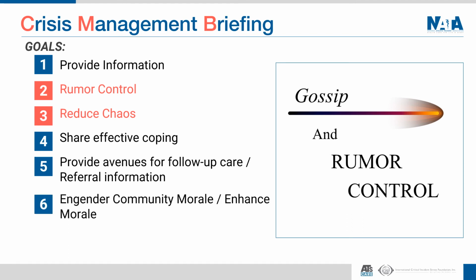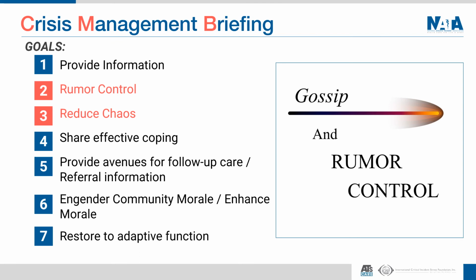And we want to help engender community morale, and we want to provide a positive, or as positive as possible, environment or situation or reaction so that we can try to show people that there is hope. And the last thing you want to do is to try to help give the people tools or information that can help them restore to adaptive function.